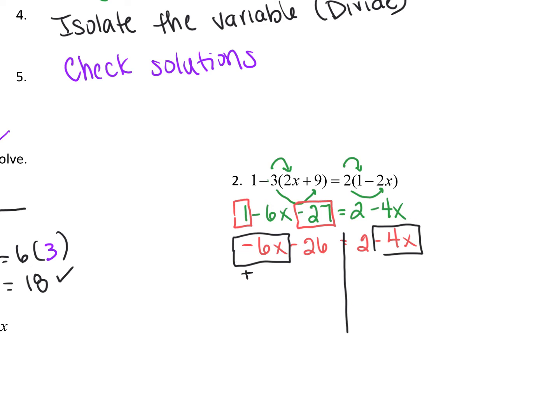So that's plus 6x, plus 6x. These are going to cancel. I'm left with negative 26 is equal to 2, and then negative 4x plus 6x is a positive 2x.